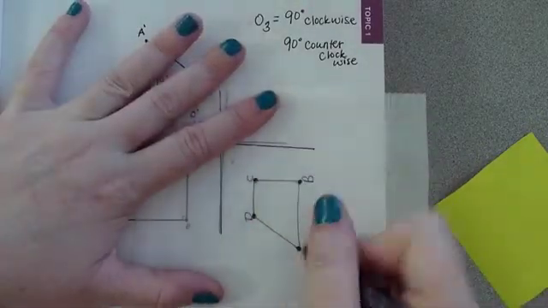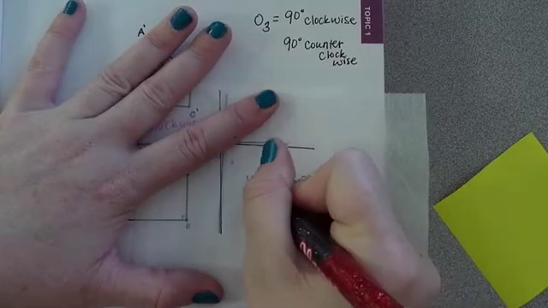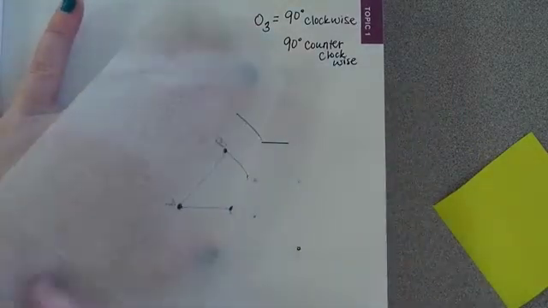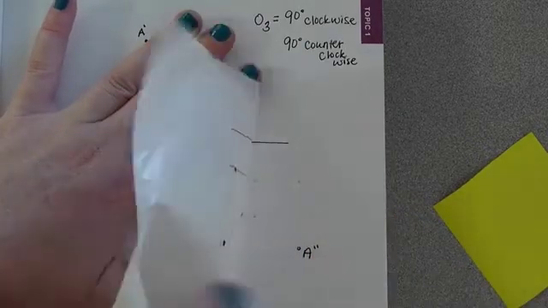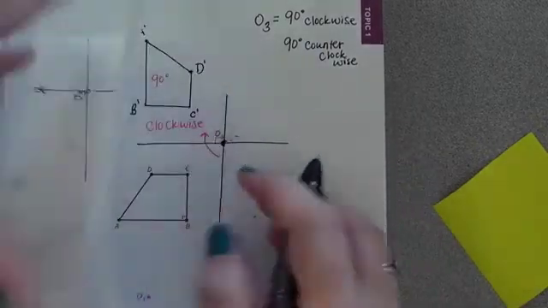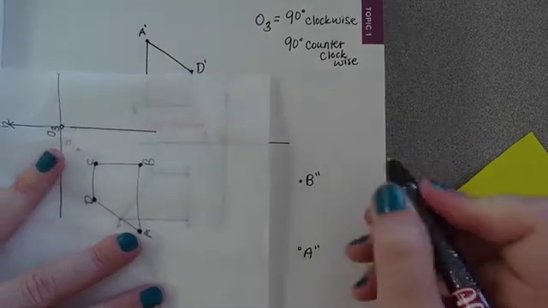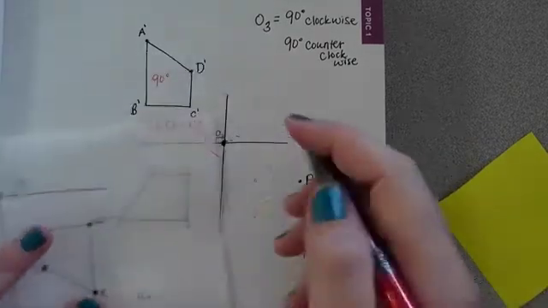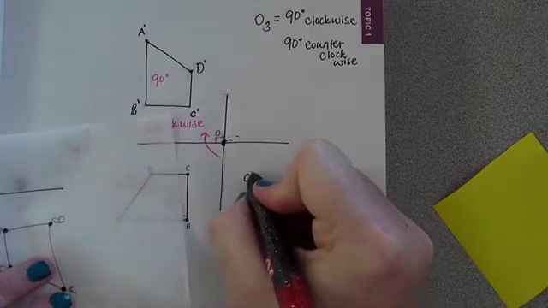And then we're going to mark our points again. So this is our new A, D, C, B. I'm going to flip this out of the way. So that's our A double prime, because it's the second one. This is our B. And I'm just going to set it aside so we can see the way that it is. Then it's D on the bottom, D double prime, and C double prime.